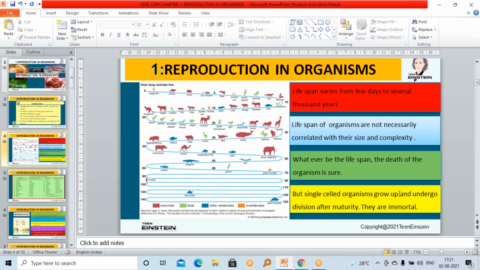But what is happening in the case of single-celled organisms? Anyone have any idea? What is happening in the case of single-celled organisms?